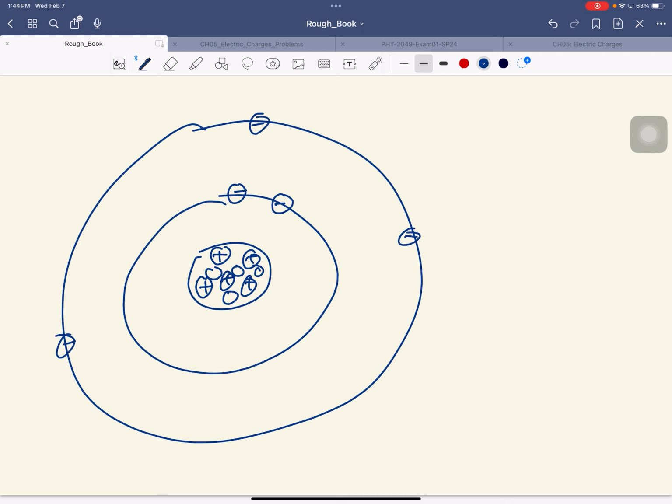Now there are about 100 different kinds of atoms, 92 really naturally occurring. For every atom, the center of positive charge is there, and the center of the negative charges is right on top of it.